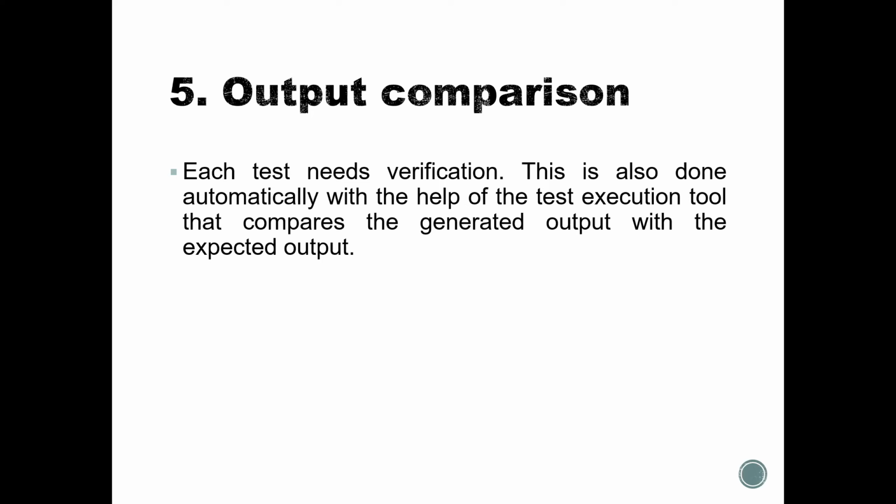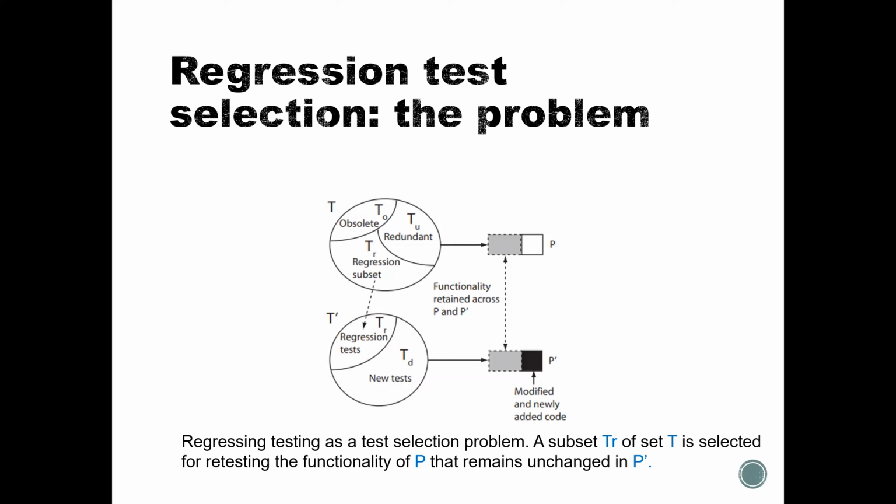So now this is exactly the regression test selection problem, RTS. In the regression testing problem, we have a program P, for example, which comes from a version X and has been tested using a test set T against a certain specification.